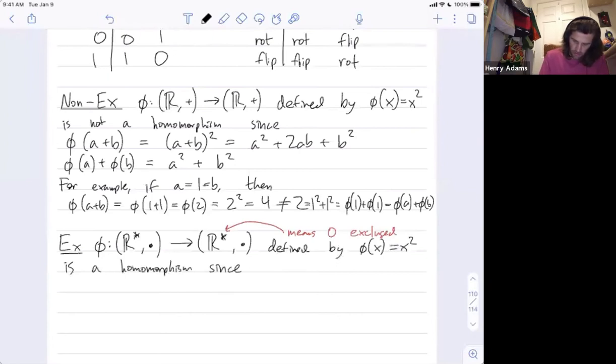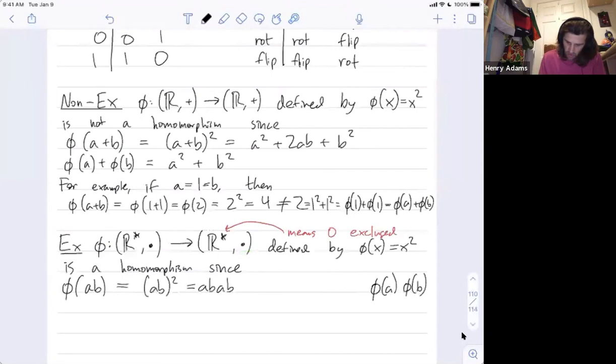Since now, how do I combine a and b? I multiply them. And I want to show that that's equal to phi of a combined with phi of b. And how do I combine phi of a with phi of b? I also multiply them. So phi of ab is (ab) squared, which is ab times ab.